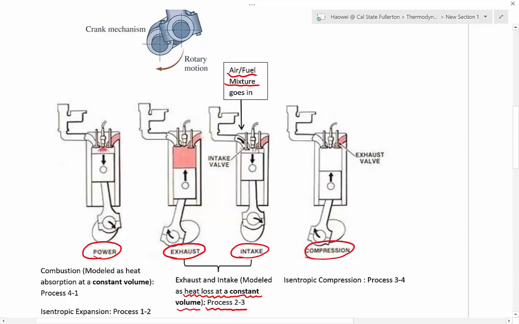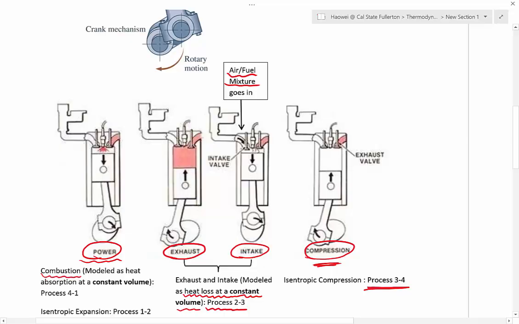And after process 2-3, we move on to the compression stroke. And the compression stroke is very easy. It is just process 3-4, and we call it isentropic compression. After 3-4, let's move on to the power stroke. Like we said, the power stroke has two steps. The first step is the combustion process.